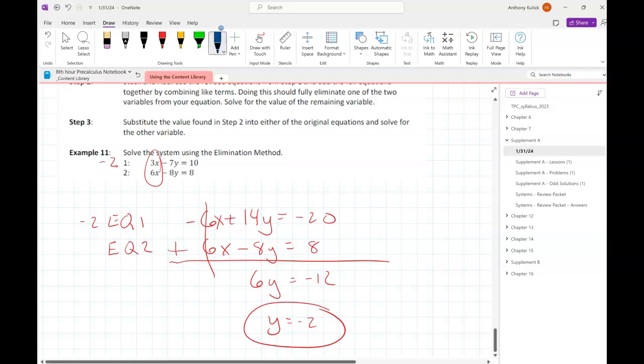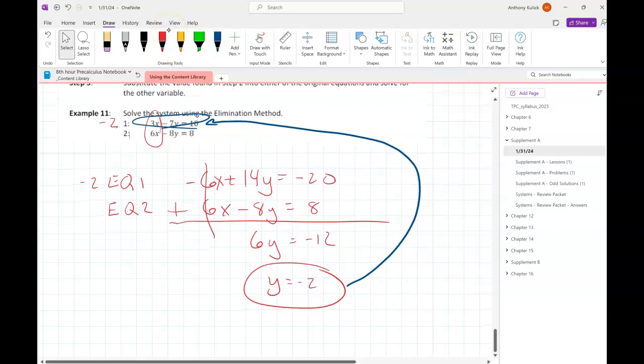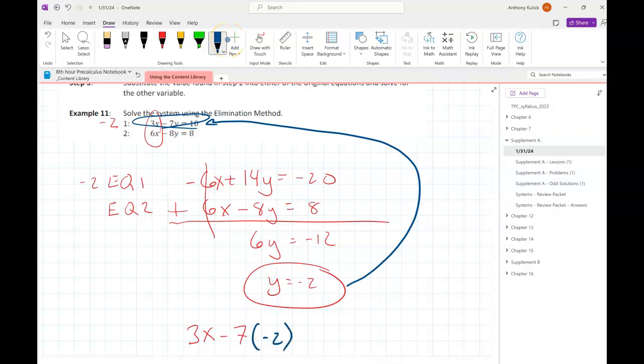I'm going to take that half answer and plug it back into any two variable equation. I don't know, I'm going to pick this one to plug it back into, just because the coefficients seem a little smaller. So 3x minus 7, and then instead of y, I'm going to write -2 equals 10. Oops, that's -10.